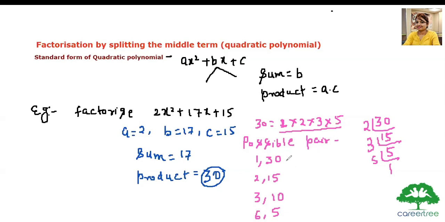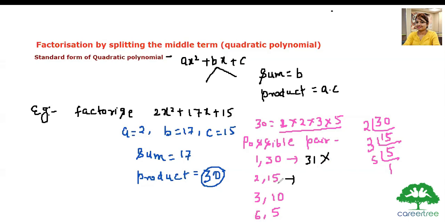Now we will select which pair will work for this polynomial. If we choose the first pair, 1 and 30, and multiply them, we get 30. But if we add 30 and 1, we do not get 17; we get 31, so this pair will not work. What about the pair 2 and 15?